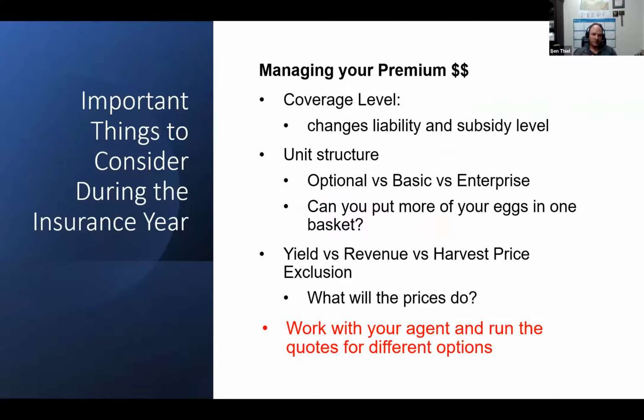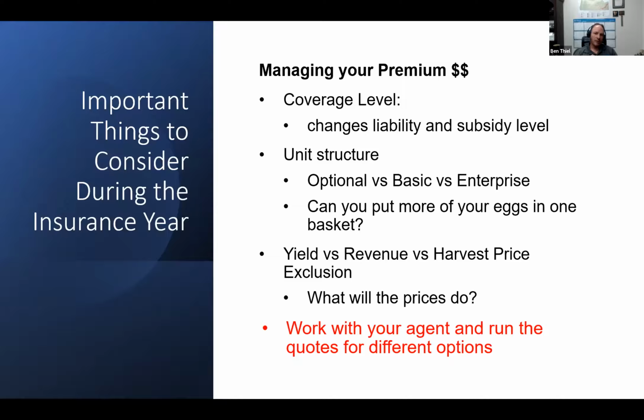Basically, do you want to reduce the cost of crop insurance, but by doing that, you're putting more eggs in one basket. Depending on which crop you're looking to insure, you could have the options of yield protection, revenue protection, or revenue protection with harvest price exclusion. And that's kind of what you envision, what you think the prices might do, and how you're covered for the prices going up or down.